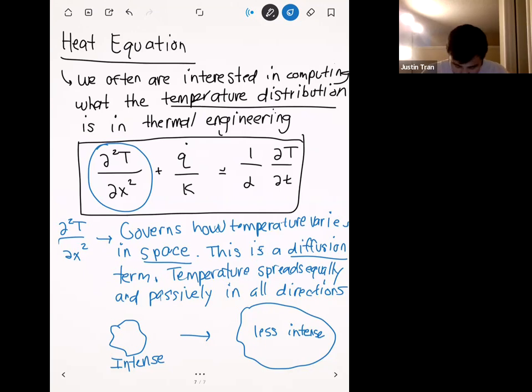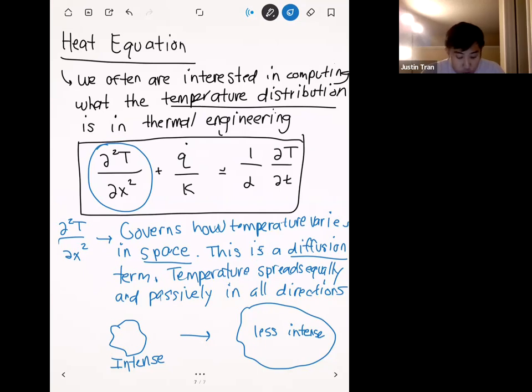And temperature works exactly the same way. What the heat equation is telling us is that if you have a really high temperature at one place, through the action of heat transfer, then that temperature is going to diffuse out, or spread out, in all different directions, equally.